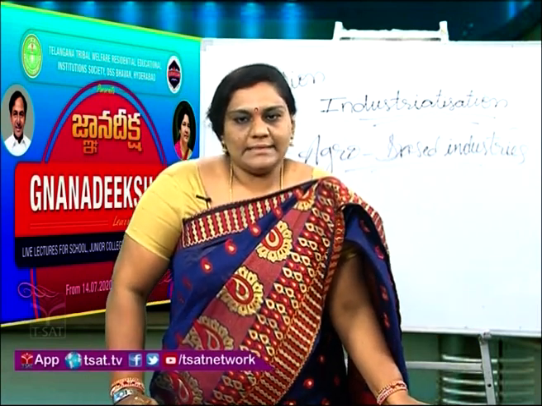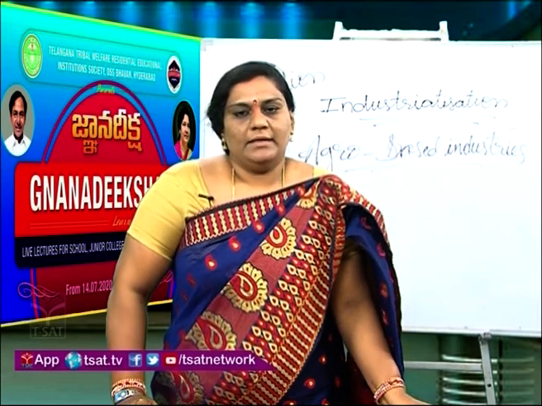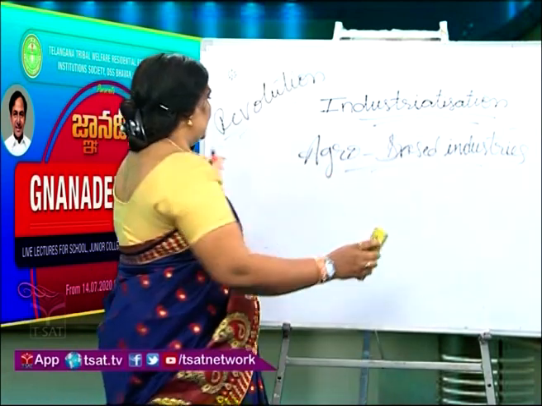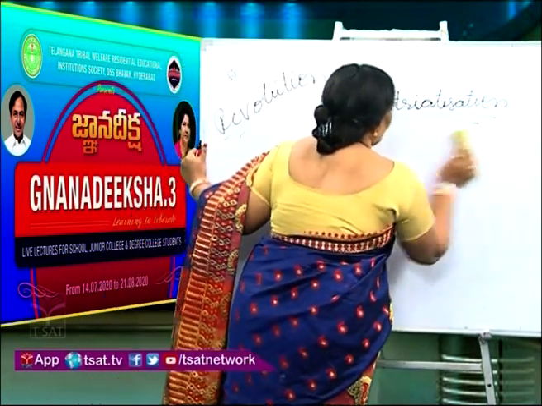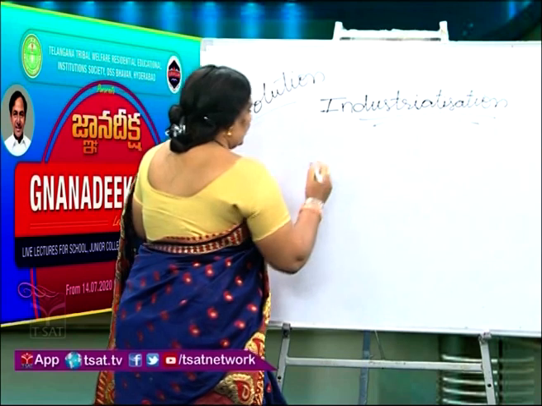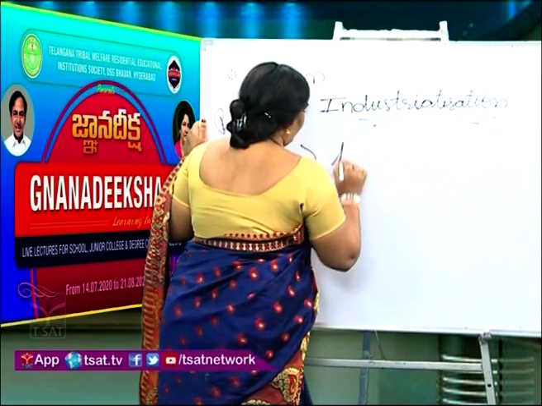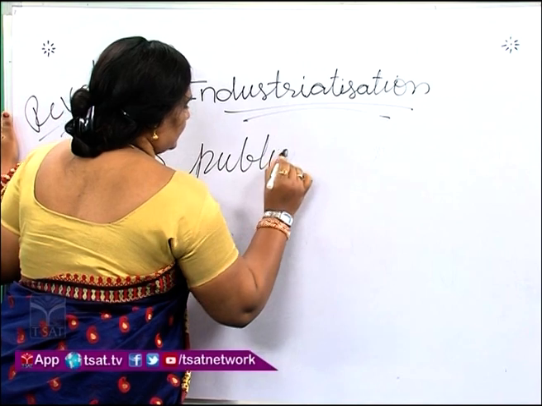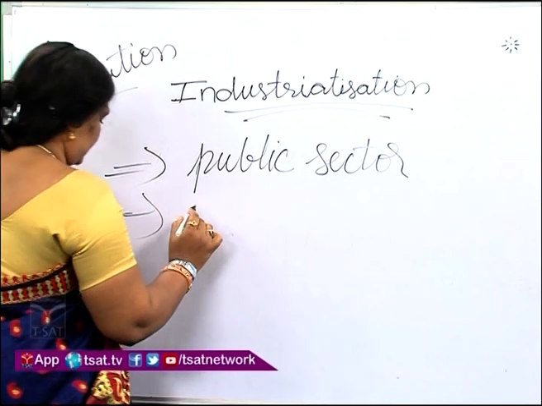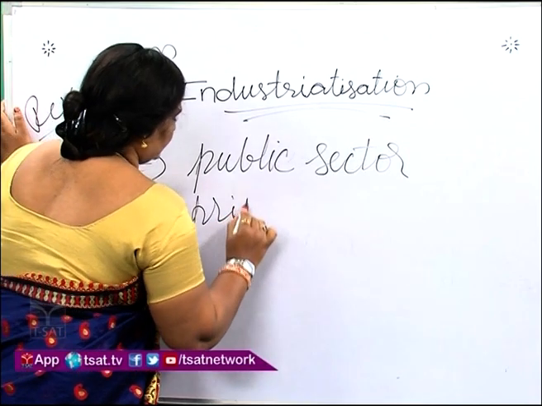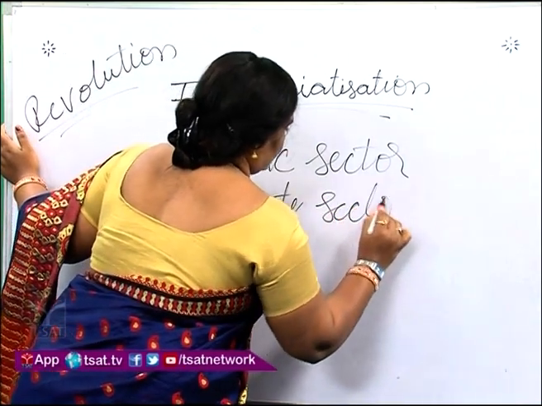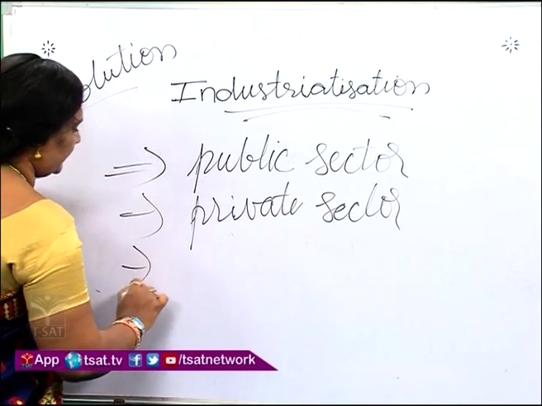Now all these, who is taking care? These industries come under three sectors. All these industries, what I have said, cottage industry, small scale industry and large scale industry, again they are undertaken by public sector, private sector, and joint sector.